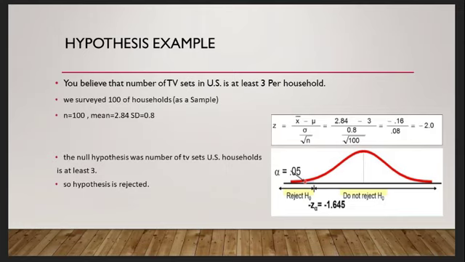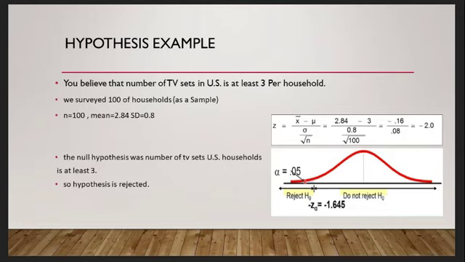You had an expected value of 3, right? But in reality, the data was only 2.84. As we saw in the sample collected, you expected 3, but it's only 2.84. So if it falls in this region, you reject the null hypothesis, since it is less than negative 1.645.